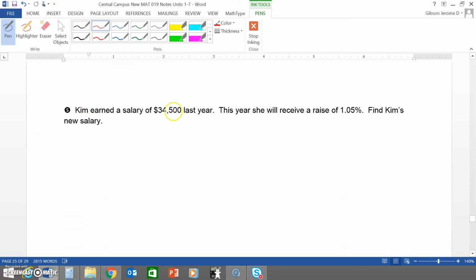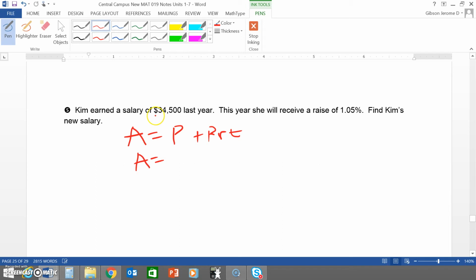Okay, Kim earned a salary of $34,500 last year. This year she will receive a raise of 1.05%. Find Kim's new salary. Okay, so now, last year's salary, we could basically use that same formula. We could use A equals P plus PRT. Okay, now we're trying to find the new balance.